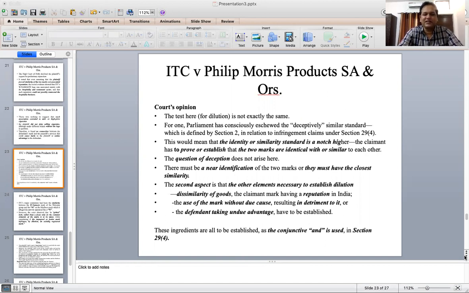So these ingredients are all to be established. They could not be established in one portion, or independently, because as I said, the term and is used and every condition you have to take into account. Because of that very conjunctive impression, the word and is used. So all these conditions must be very strictly satisfied.